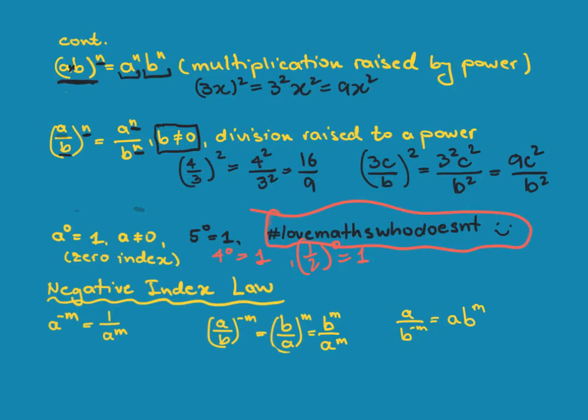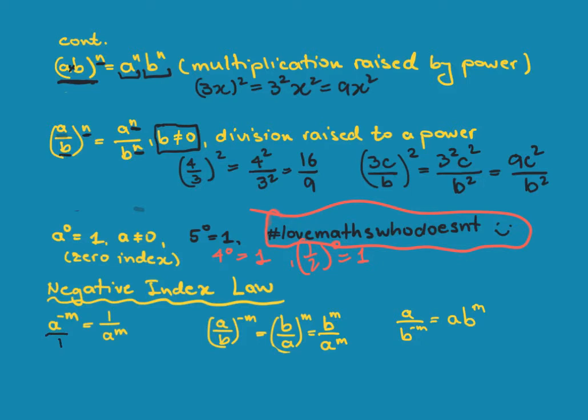Okay, let's go back to the next one. Now we have the negative index law. For example, a to the power of negative m is the same as 1 over a to the power of m. I'm just going to add here, so pretty much it's like this, that one.